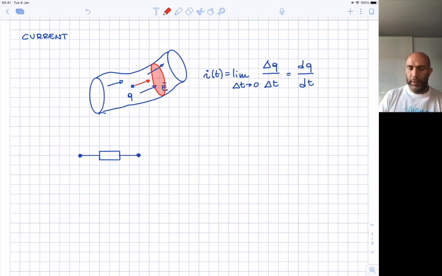And we say this by representing the current with an arrow that defines the direction of the current. And since we don't have any electrical phenomenon that is happening outside the component, the current that is flowing inside the two-terminal component is also flowing outside the electrical component itself.